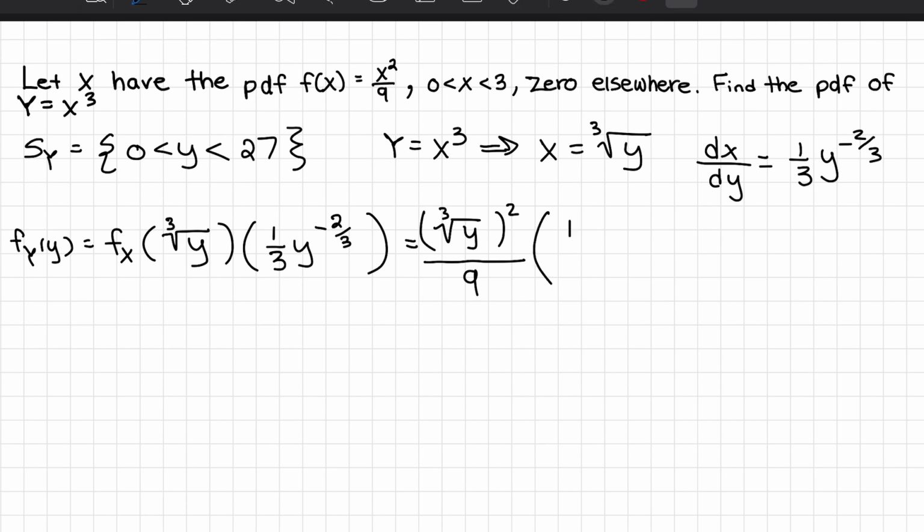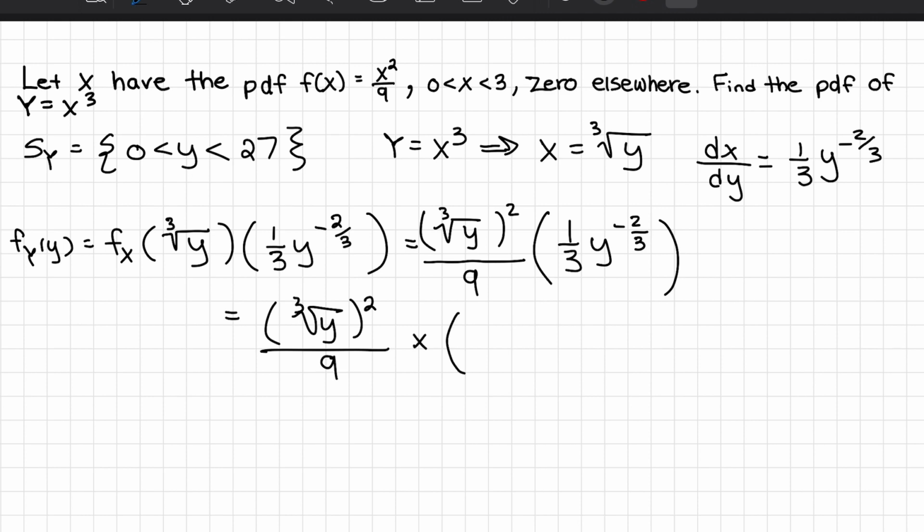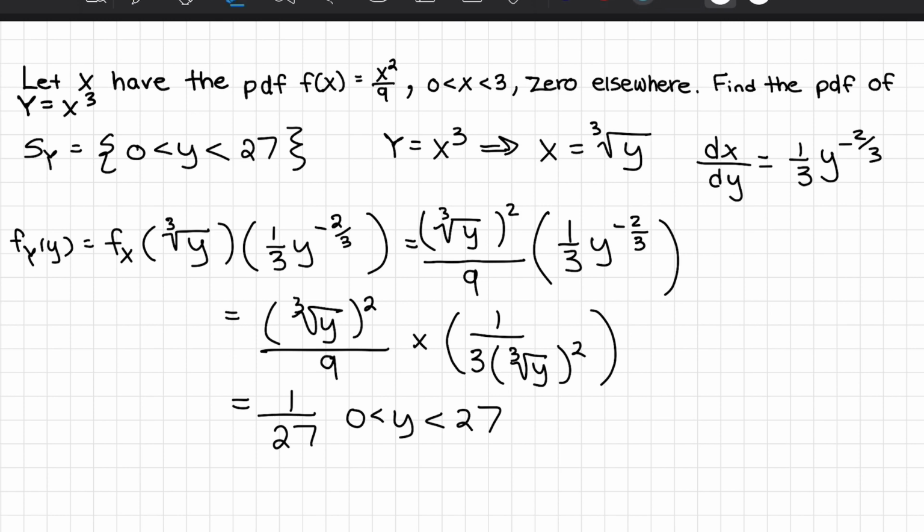And I multiply this by my Jacobian. And this is equal to 1/27. And I just have to write my support of y. So this is my PDF of y.